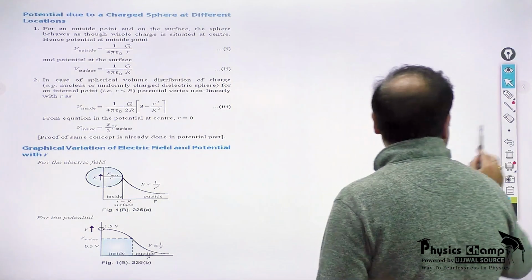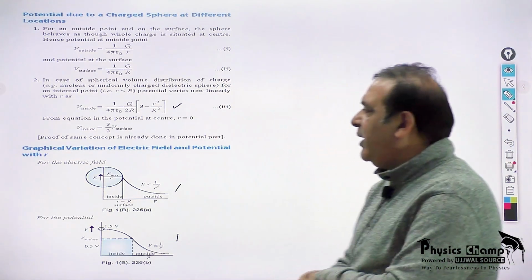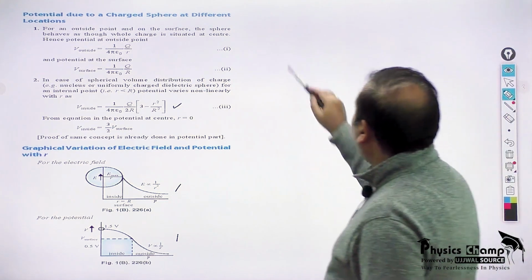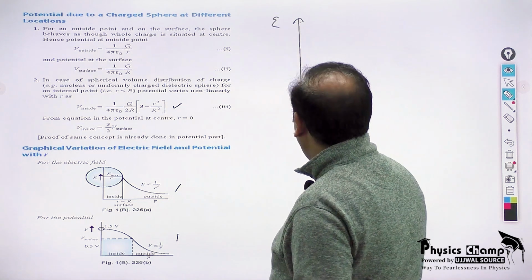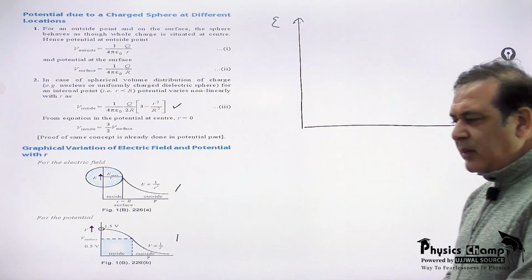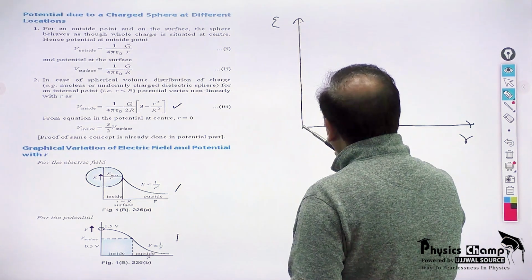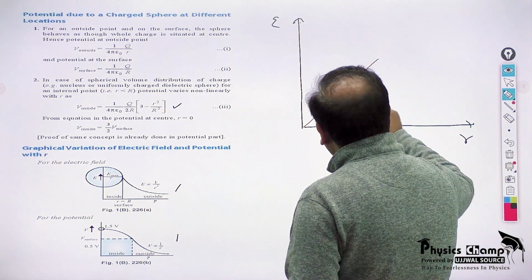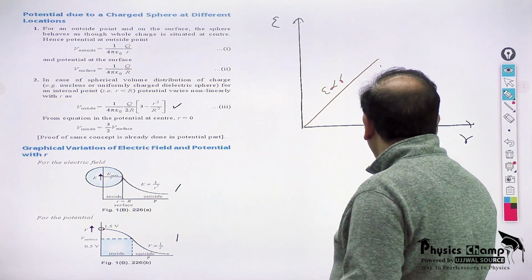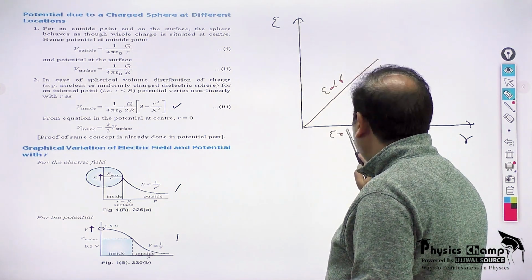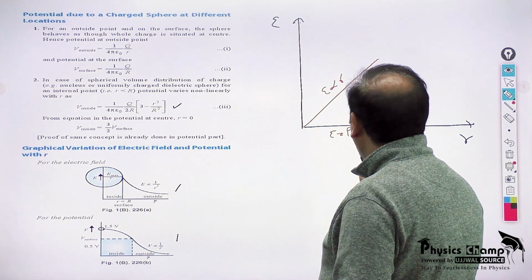and potential in this uniformly charged sphere. So as you can see over here, the graphs, the same expression I have discussed. If I talk about variation of electric field with separation R, the electric field inside is directly proportional to R. Because if you remember, the formula for electric field inside was rho R by 3 epsilon naught.